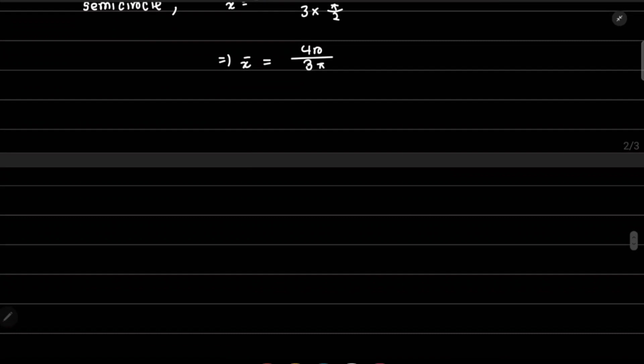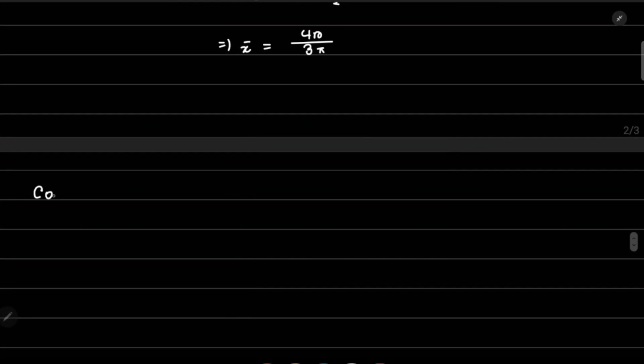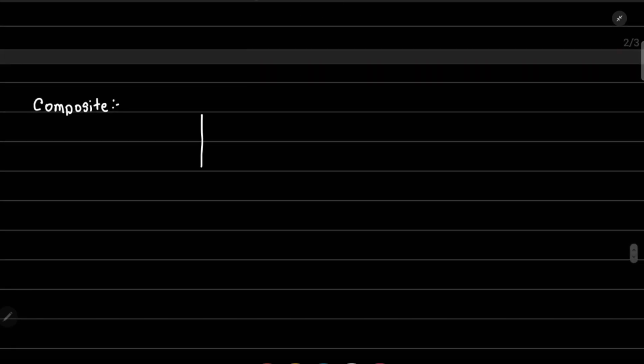Now we can have a composite lamina. So a composite lamina is built up of different shapes. So we can have something like this, or we can have a triangle attached to a rectangle. So this is the rectangle and a triangle is attached to it. We might have to find the center of gravity of this shape over here.